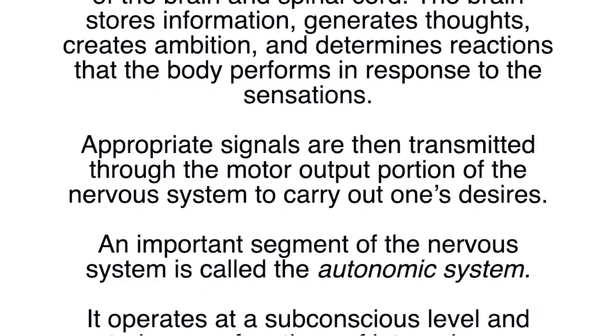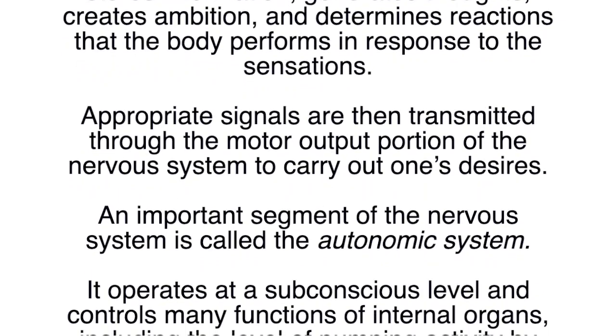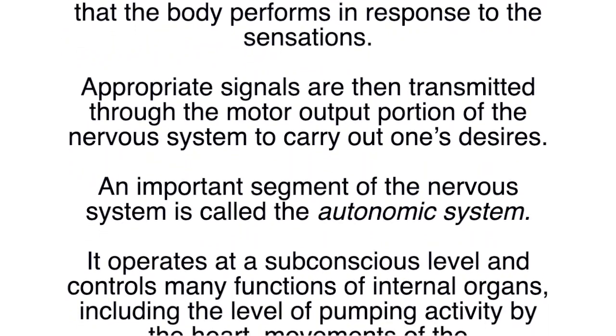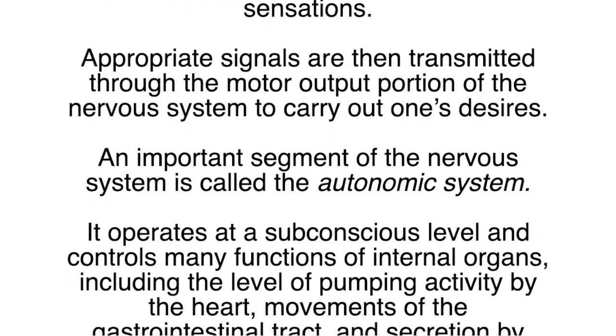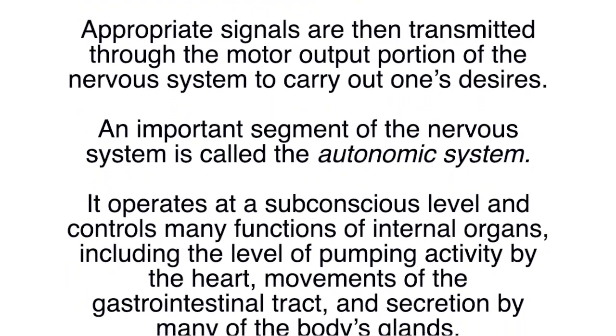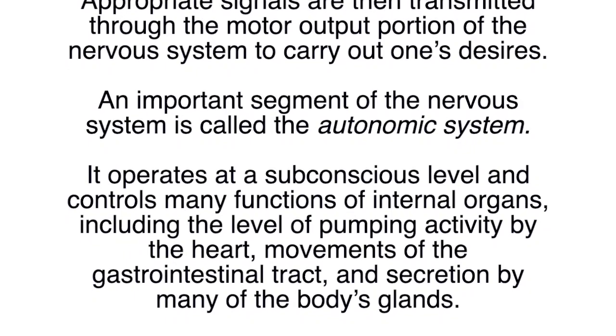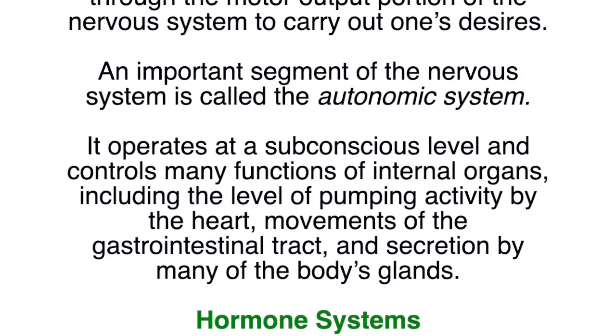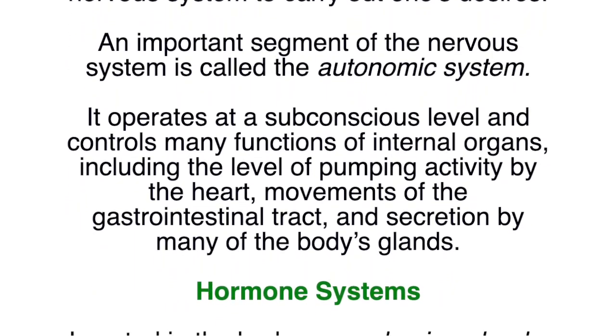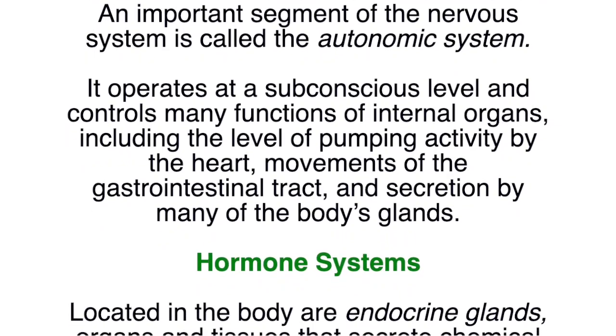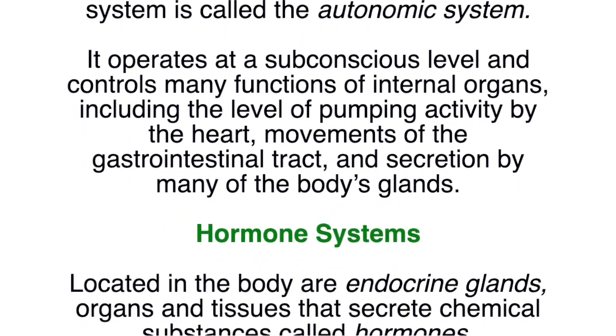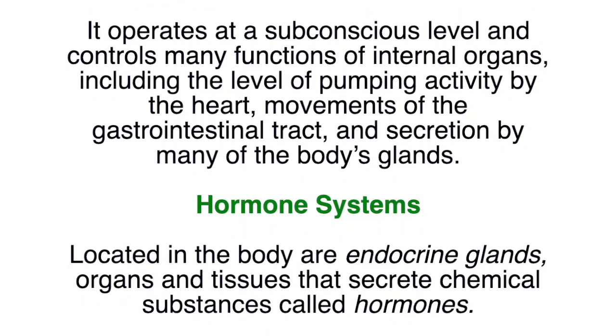An important segment of the nervous system is called the autonomic nervous system. It operates at a subconscious level and controls many functions of internal organs, including the level of pumping activity by the heart, movements of the gastrointestinal tract, and secretion of many of the body's glands.